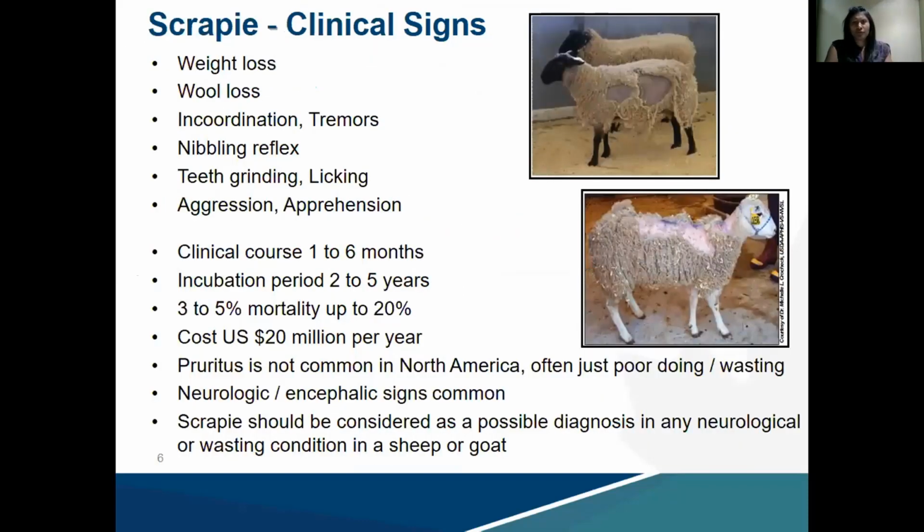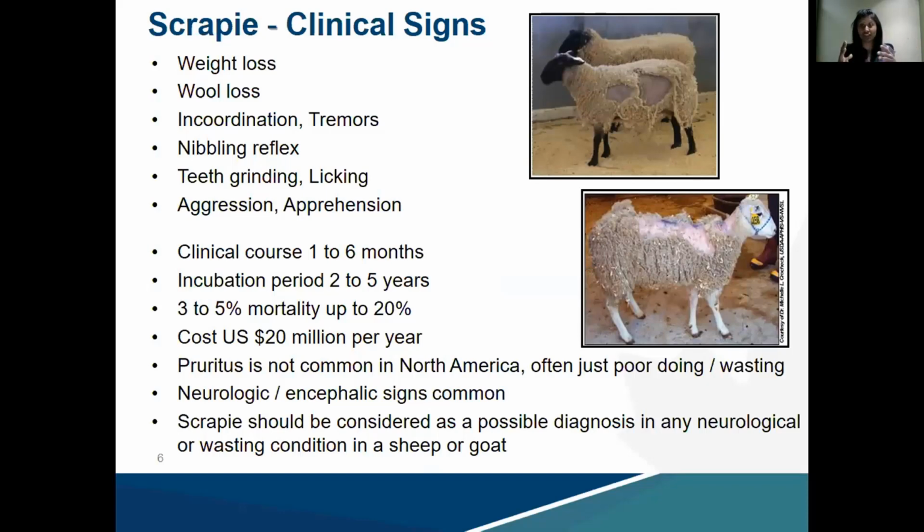I'm not going to go through all of these clinical signs, but the thing I will bring to your attention that can impact you as a producer is that the disease can have an incubation period of up to 2 to 5 years. Having this prolonged incubation period is a challenge because we can have animals that don't present clinically.